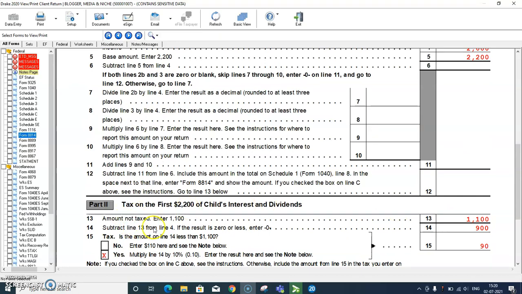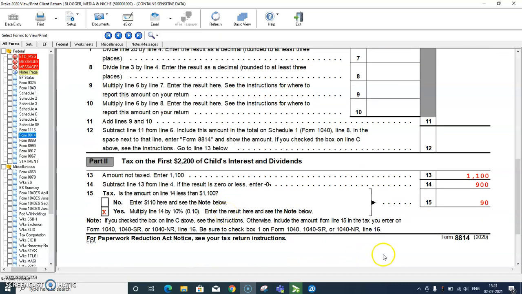I have already told you that 10% of the first $2,200 of the child's interest and dividends is the tax rate. So here it comes to $90.